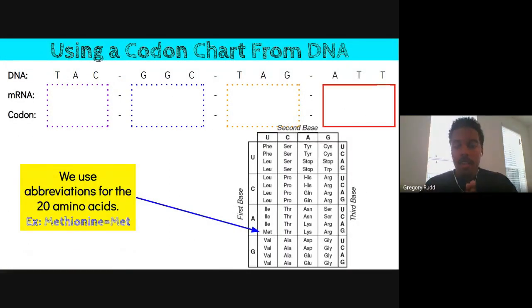Okay, let's put it all together here. This is the last thing we're going to do today. So I first need you to transcribe from DNA to mRNA, and then you're going to tell me the amino acid. That should say amino acid, not codon.